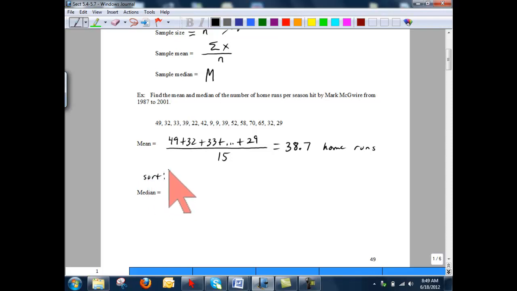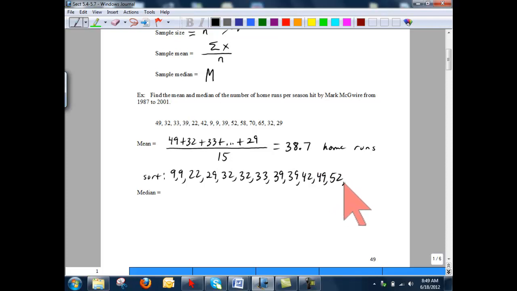In increasing order, these numbers are 9, 9, 22, 29, 32, 32, 33, 39, 39, 42, 49, 52, 58, 65, and 70.